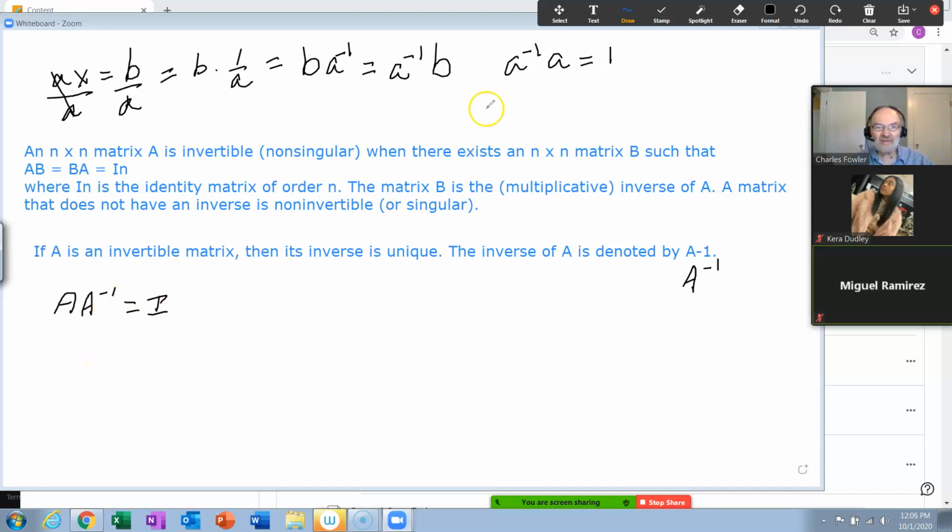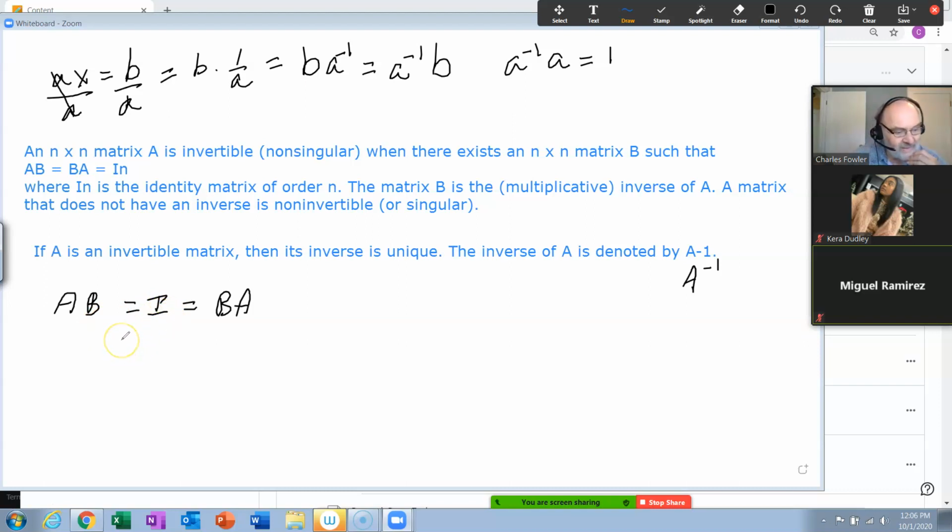So rather than call it A inverse, let's be a little more generic about it and call it B. So if B is going to be the inverse of A, which would be A inverse, but let's call it B. Oh, and by the way, that's also B times A. That's also I. That's the other thing about it. AB is equal to BA, and that's equal to the identity matrix of the same size.